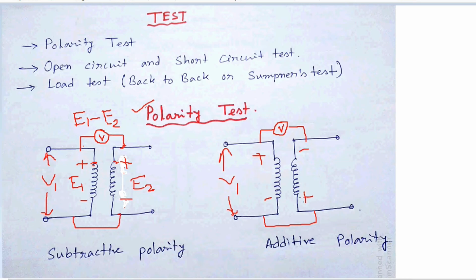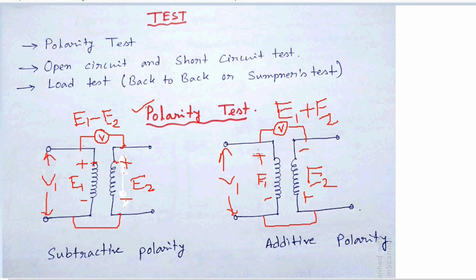The induced EMF here is E1 and here is E2, so plus and plus, meaning we get additive polarity, E1 plus E2. So when we have additive polarity, the voltmeter reads E1 plus E2, which means the polarities are not the same.